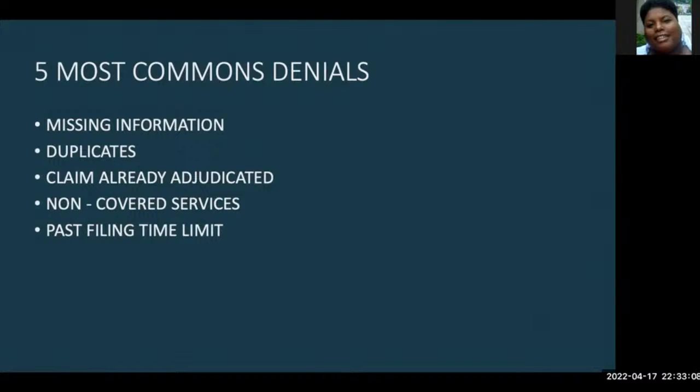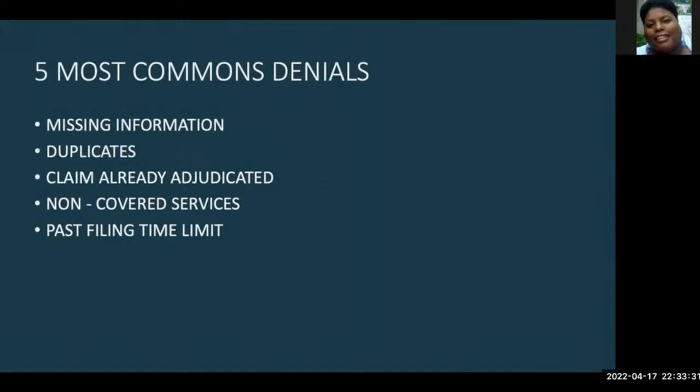Missing information are registration errors, where a lot of times the front end hasn't taken down something of the patient's information correctly, like maybe their name isn't correct on the insurance card or in your system as it is with the insurance carrier.